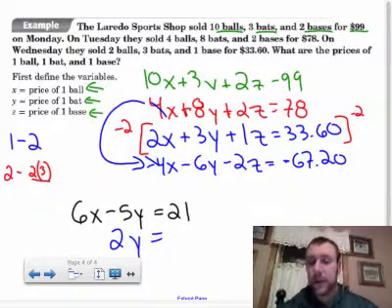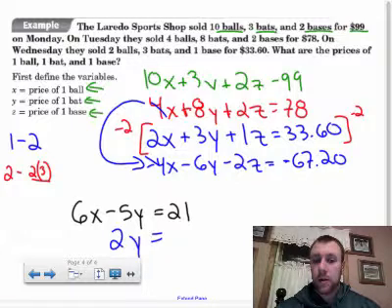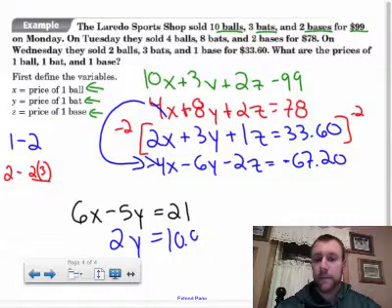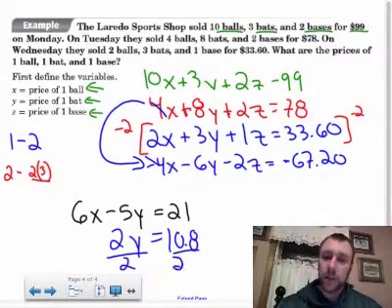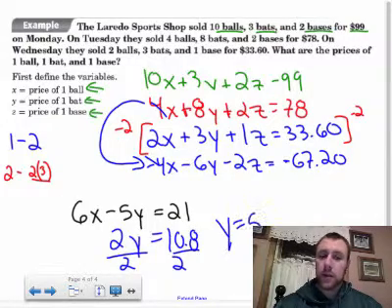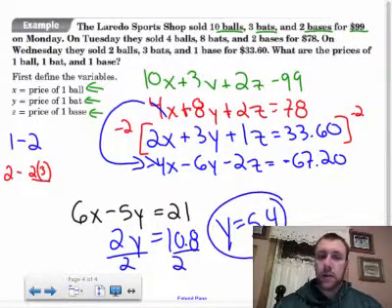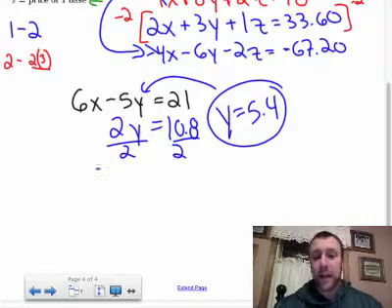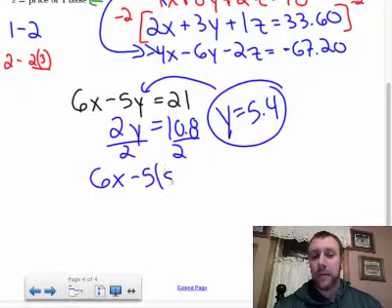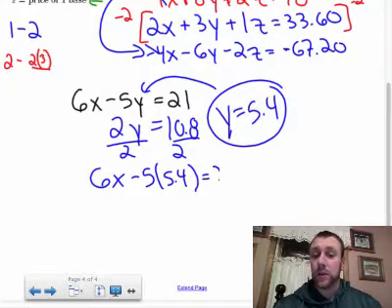And now I just divide by 2. And I got y is 5.4. Now I take that, I can plug it into this new equation over here and solve for x. And then after I solve for x, again, I take both my x and my y, and I plug it into one of the original equations, and I can solve for z.